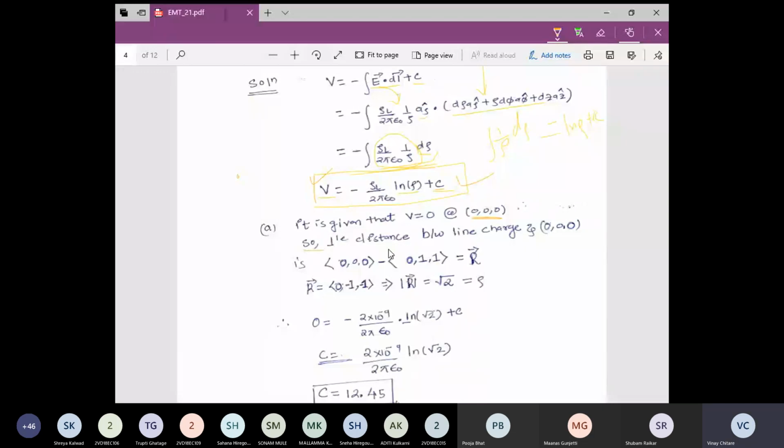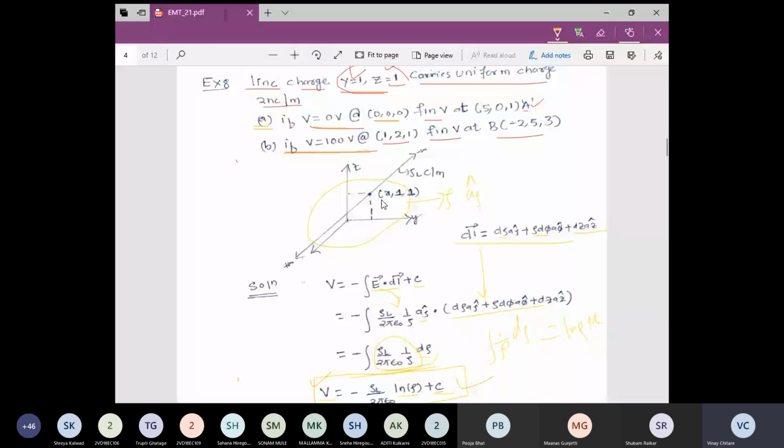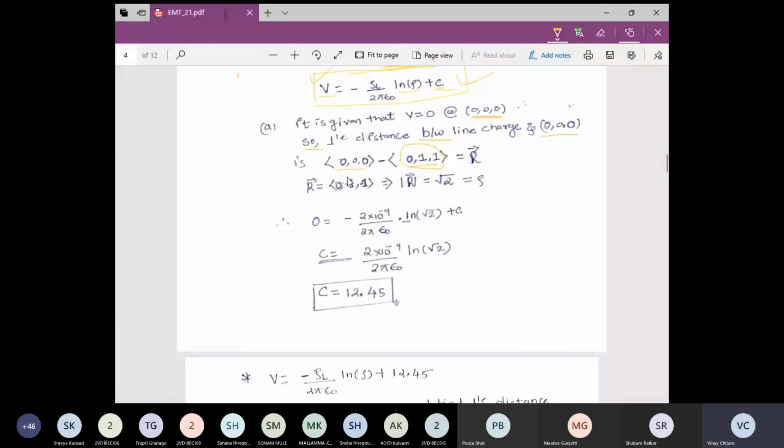The perpendicular distance between the line charge and the origin is quite simple: it is the field point minus the source point. On the line charge I have denoted the points as (x, 1, 1). These two are constant; the only variable is x. To find the perpendicular distance, we should choose the value of x which is the same as the field point.